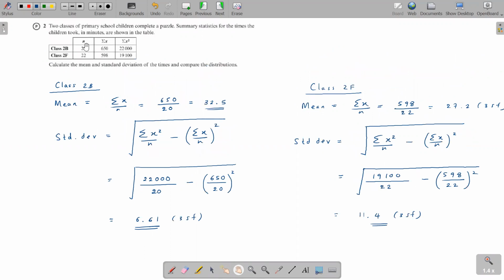Class 2B has a mean time of 32.5 minutes, while class 2F has a mean time of 27.2 minutes. So class 2F is generally fast, because they solve the puzzle in less time compared to class 2B.